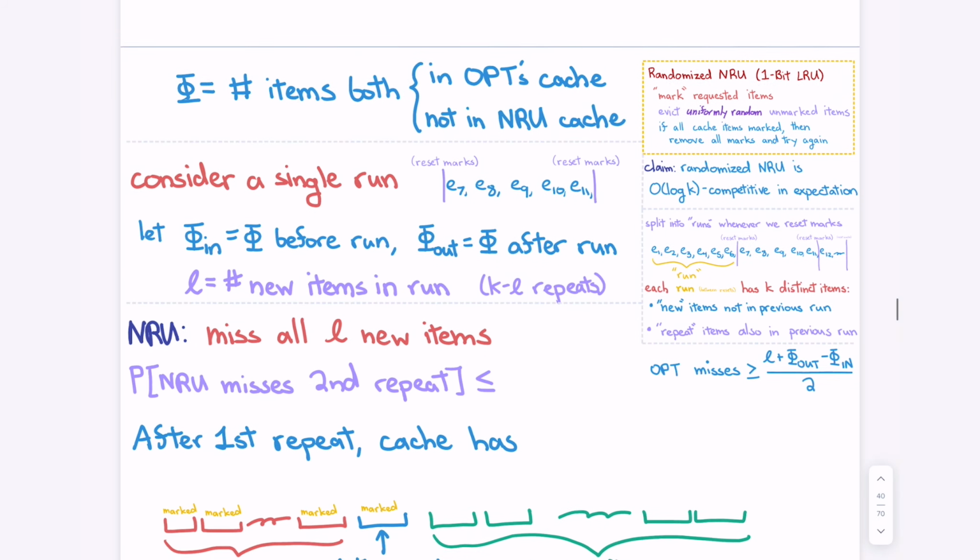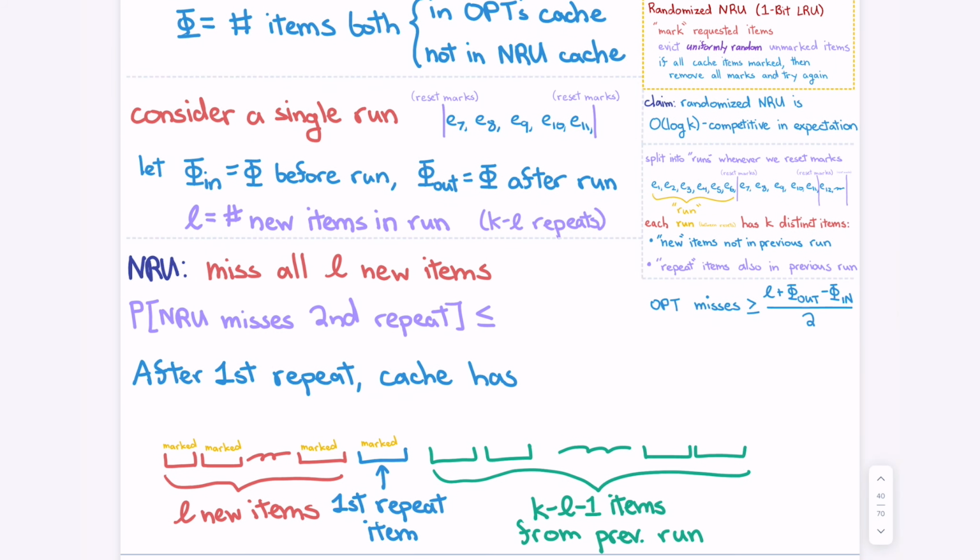Okay, so let's do this slowly. One sec. So if you miss it once, you can't miss it again. I mean, you're going to have it for the rest of the run, so you only have to worry about the first time that the repeat item comes in.